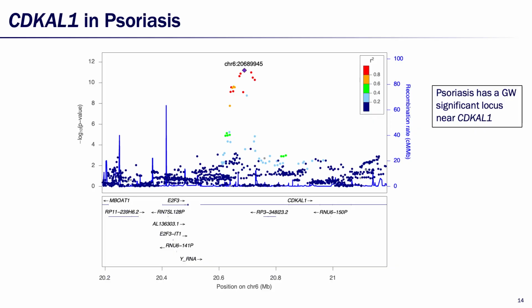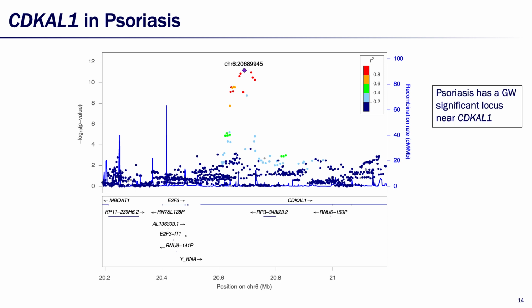Now to illustrate the approach using something that isn't a shared locus but looks like it might be. This CDKAL locus is significant in psoriasis. We have here a typical regional association plot with the genetic position on the x-axis and the p-value on the y-axis.